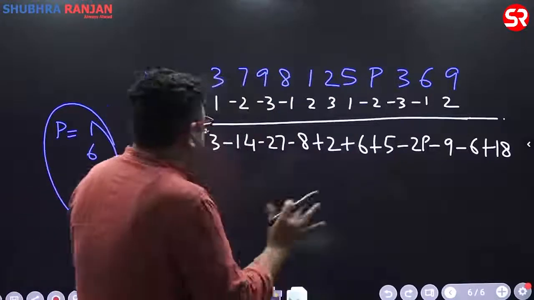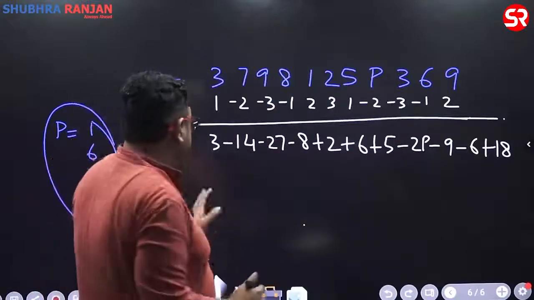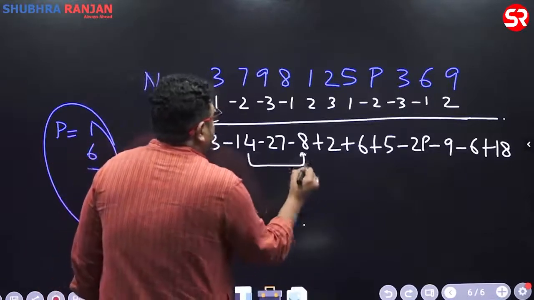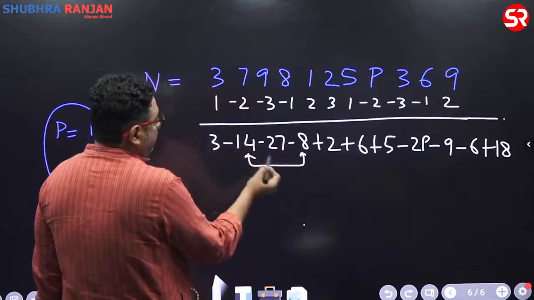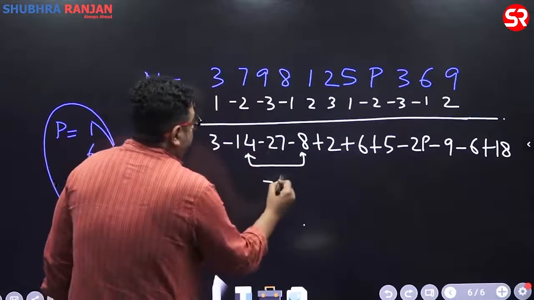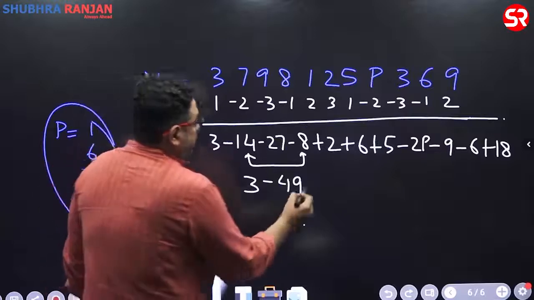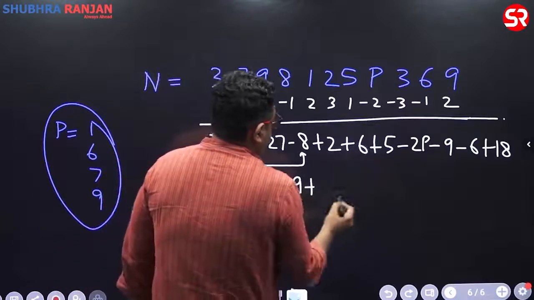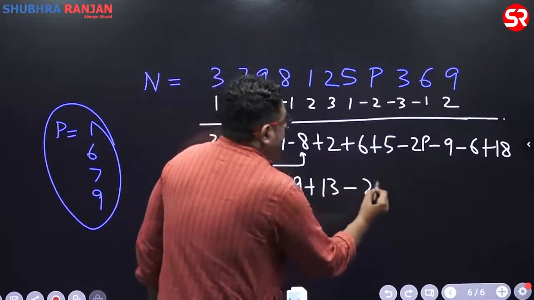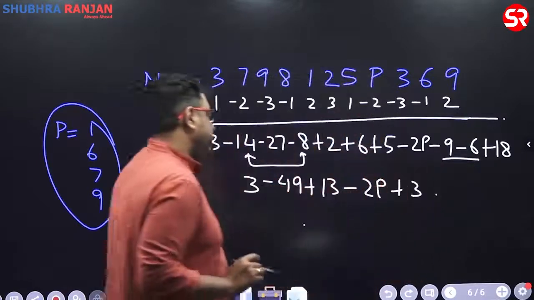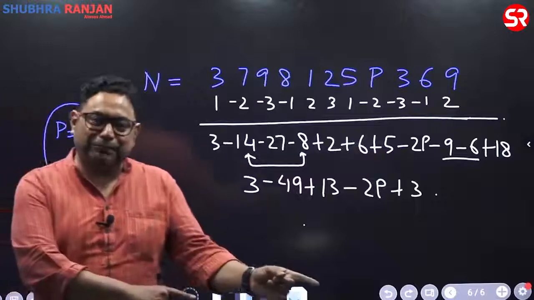And if you want to add this thing manually, see this. This is minus 22, and minus 27 is minus 49, and this is 3, isn't it? And then you just check, this comes out to be 11, 13, and minus 2P, and this is minus 15 plus 3. Now this number is exactly divisible by 7.